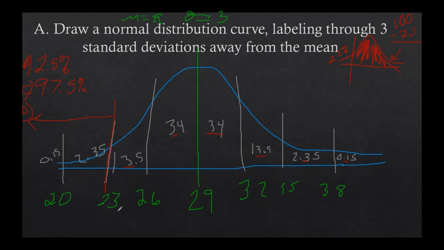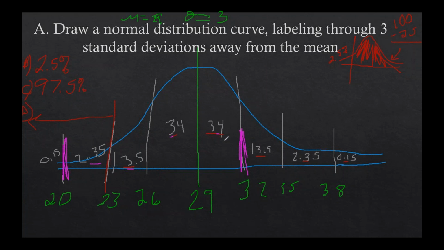D said between 20 and 32. So now we have kind of stipulations. So here's 20. Here's 32. We want between them. So what are you going to do? Add everything between the pink lines. Exactly.